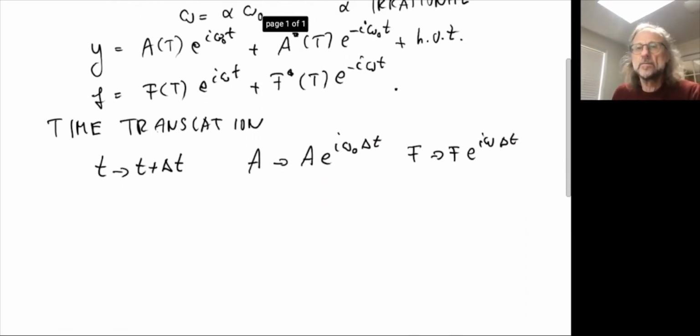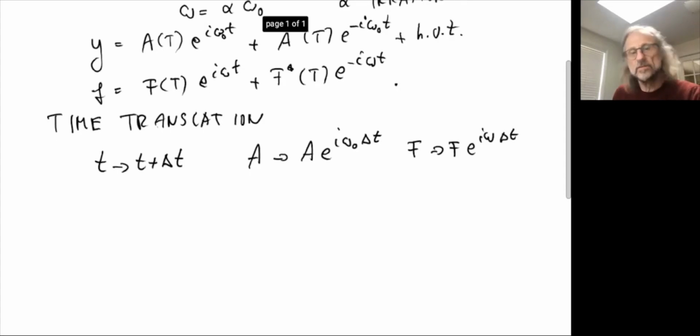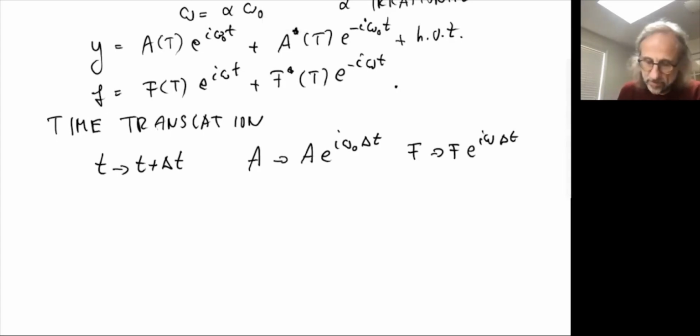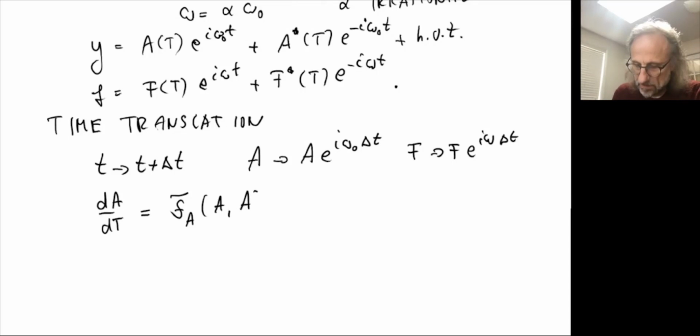Well, we said once we do this expansion, we envision the expansion without actually doing it, we will get equations for A and F. So we'll get an equation dA by dt is equal to some function, let me call it F_A. Oh, that collides with the other notation for F. So let's make that a curly F_A, which depends on A and A star, on F and F star.